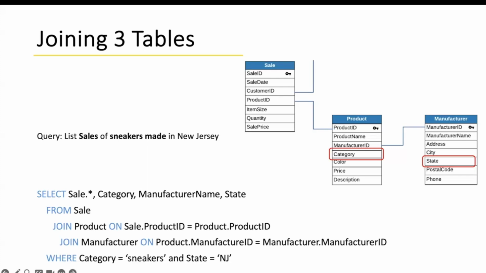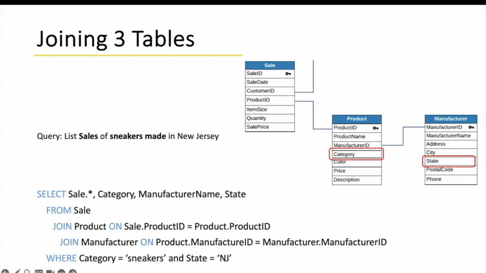To do this, we first select all columns from the sales table, so we write it as sale.*. And also we select the category, manufacturer name and state columns from the product and manufacturer tables.